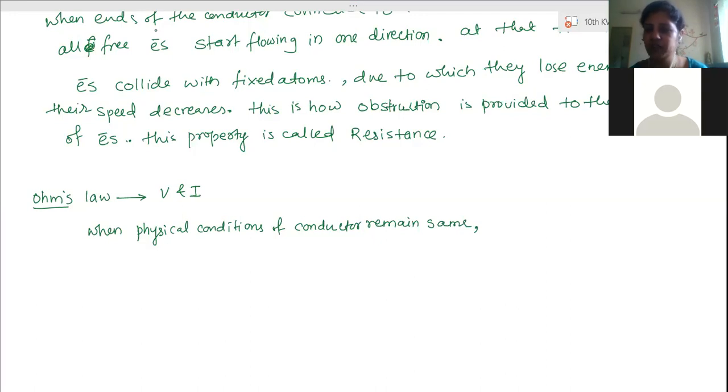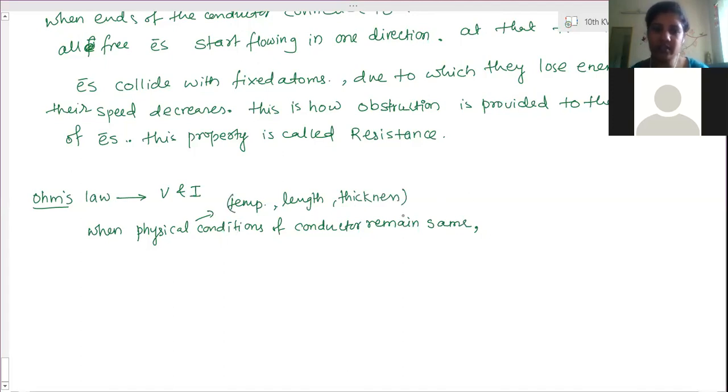Now, physical conditions mean what? Temperature and the shape of the conductor, length of the conductor. Physical conditions, that is temperature, length, area of thickness, are kept constant.